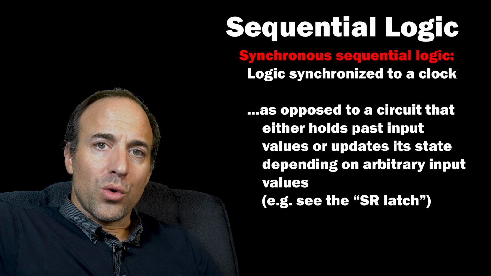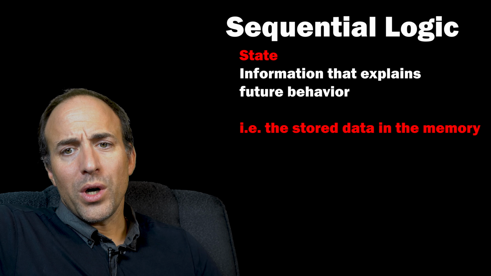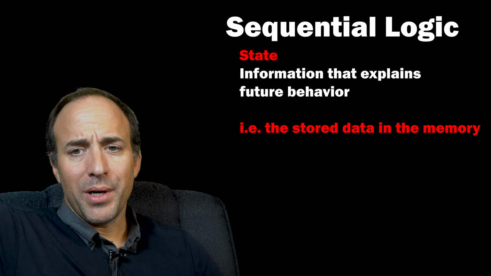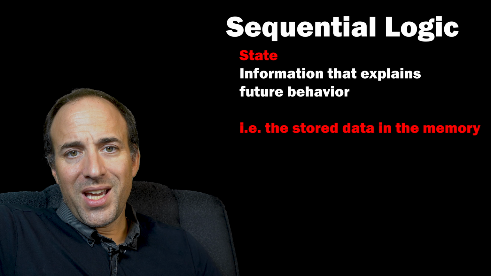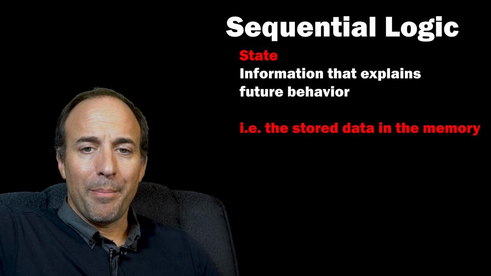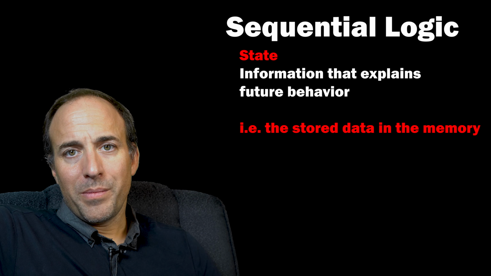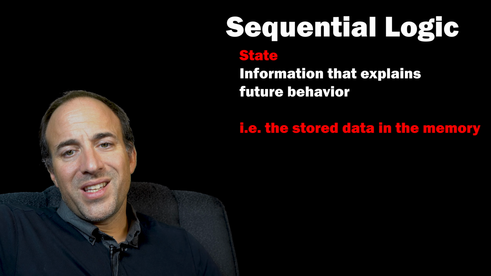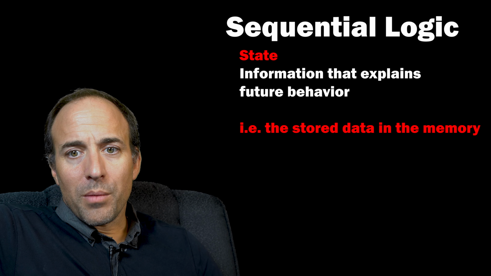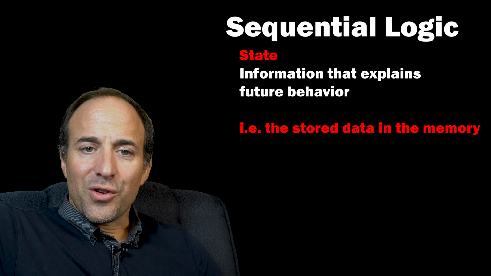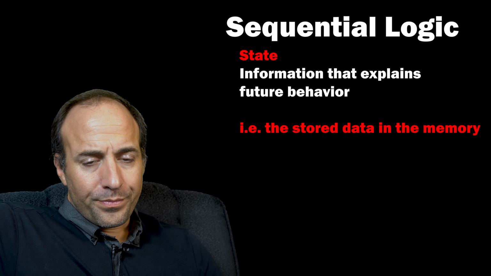I often use the word state to refer to the value of a signal at any point in time, but with respect to sequential logic, state is the information about the circuit necessary to explain its future behavior. In other words, state is the contents of the circuit's memory, or more precisely, it's the values that are stored in the circuit's internal flip-flops or latches.